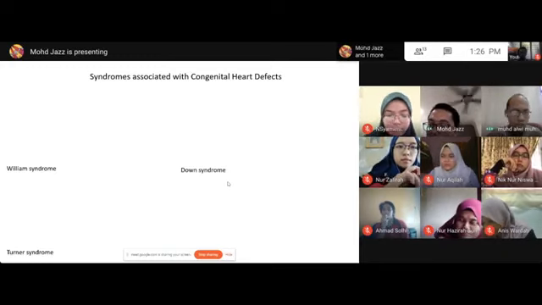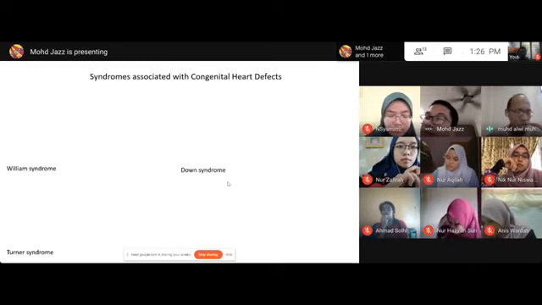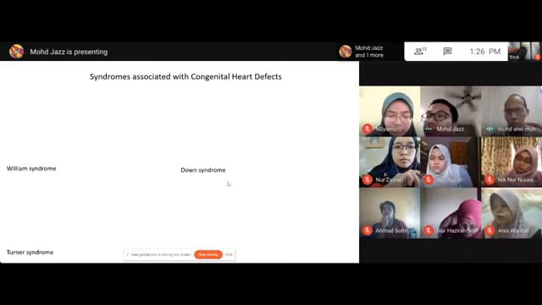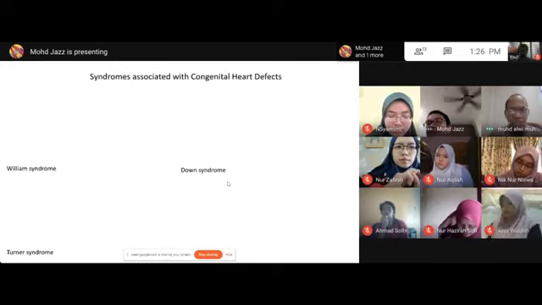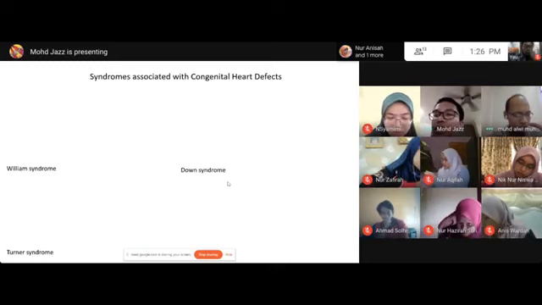Oh, okay, thank you. That's what we call a modified BT shunt. I think everywhere now they use the modified BT shunt, because you don't want to compromise the original artery. Okay, good.